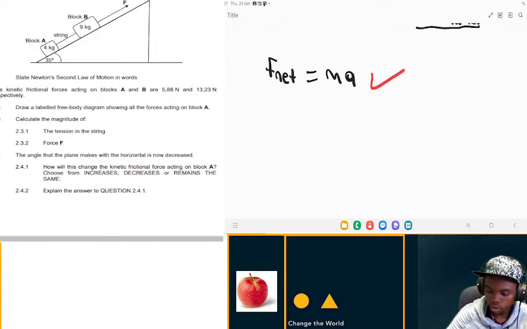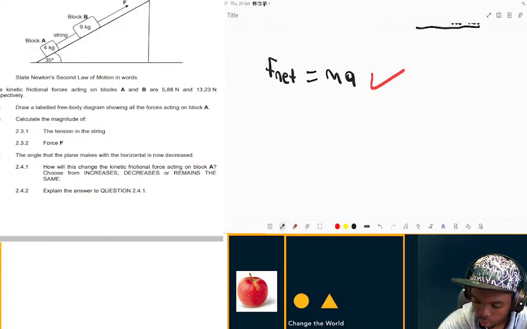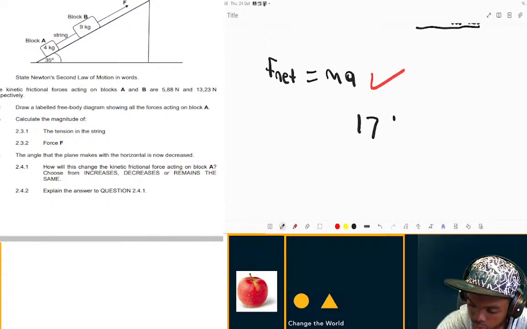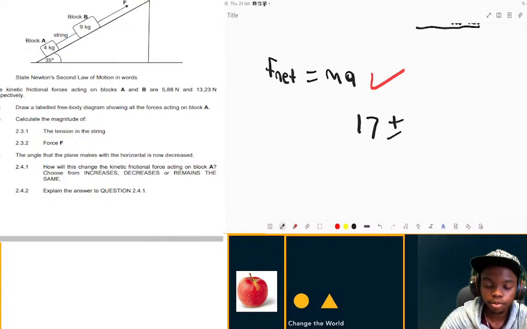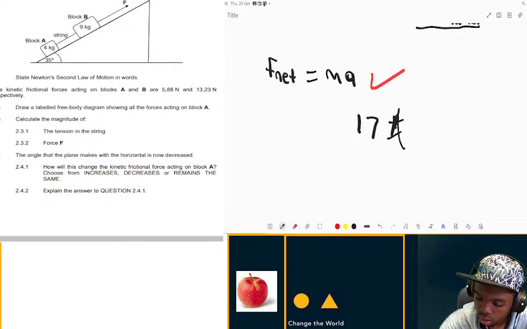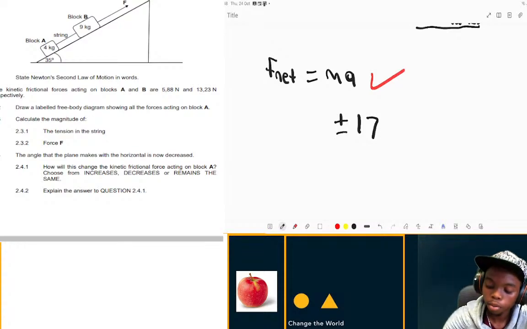So this is plus or minus 17 marks, meaning out of your formulas you could even get 20.